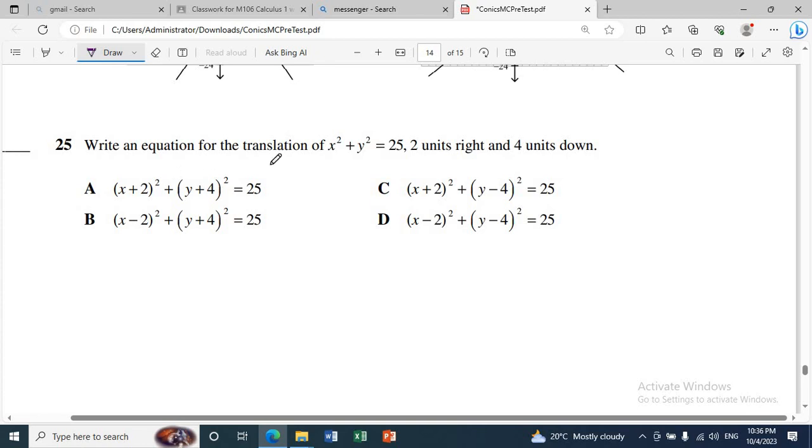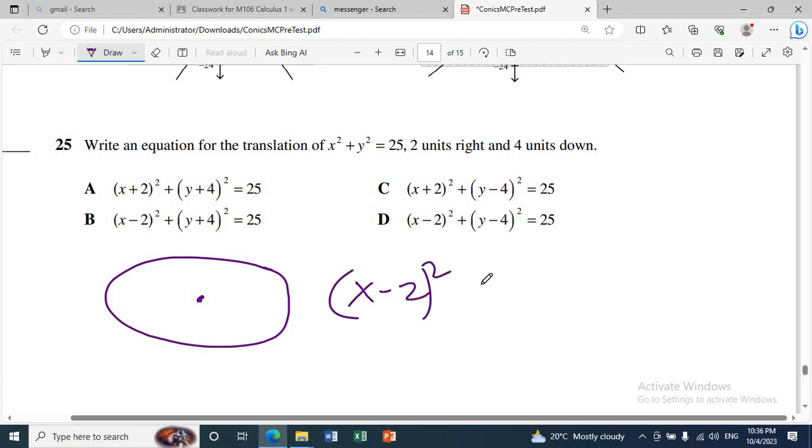25. Write an equation of the translation. So this ellipse will move. Its center is at the origin. It will move 2 units right, so in the equation you move to the right, and then 4 units down. Wait a minute. 4 units down, 2 units to the right.